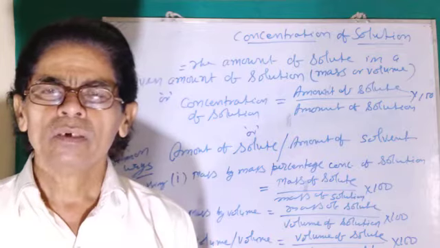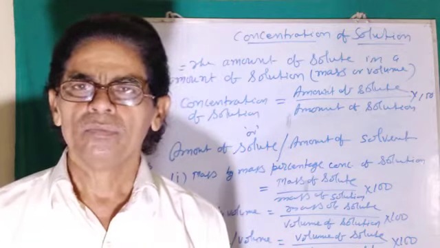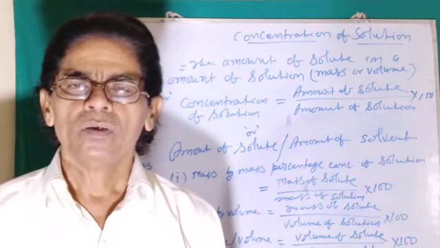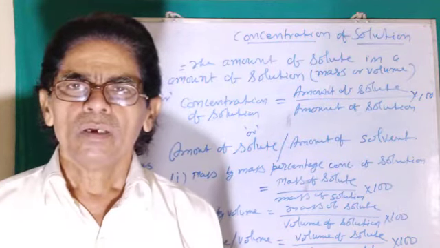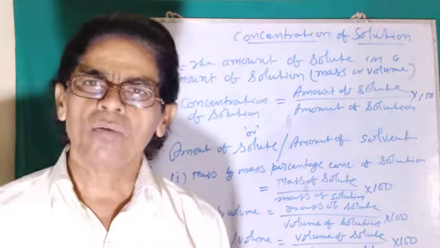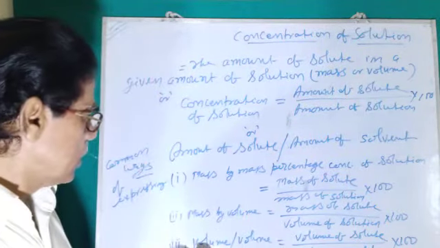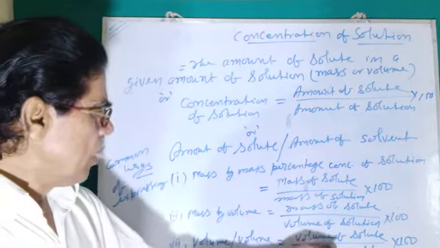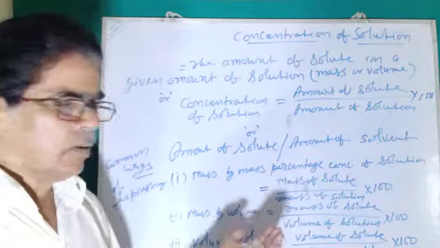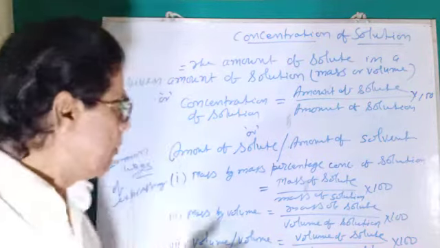It may be expressed in terms of volume by volume. That is, volume of solute by volume of solution multiplied by 100. So the percentage concentration volume by volume equals volume of solute by volume of solution into 100. These are the three ways by which we can express the percentage concentration of a solution.